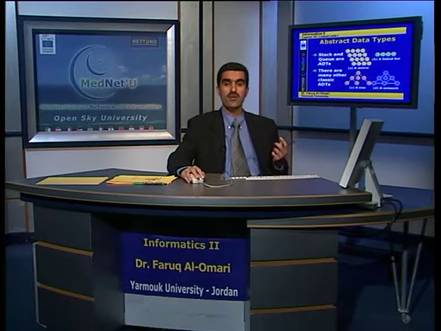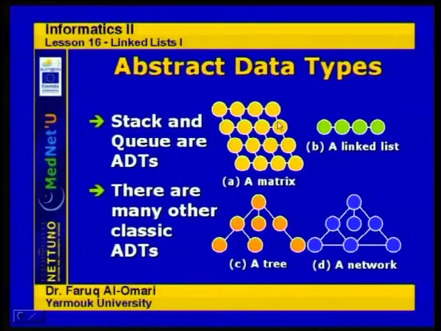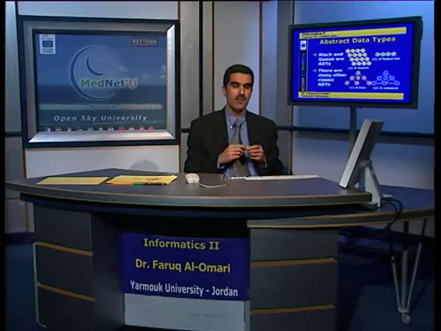We could implement these structures using matrices, a matrix or an array, and that's what we did. Or we could use so-called linked lists, or so-called trees or binary trees. Or better yet, another structure called a network, where I have many connections. These are different ways of physically implementing structures in the memory.